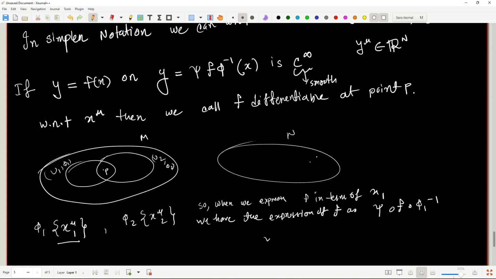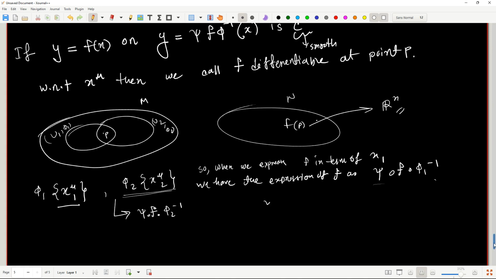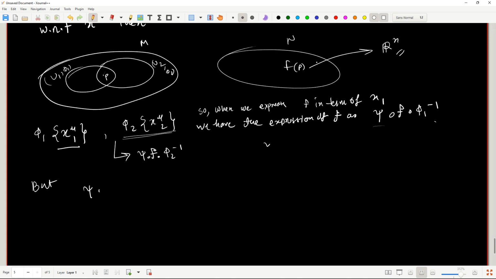Again, what was psi? Psi takes your f of P and maps it to R^n. And if I start with the coordinates x2^mu, that is, I'm taking the homeomorphism to be phi 2, then f is written as psi f phi 2 inverse. But we can write psi f phi 2 inverse as psi f phi 1 inverse composed with phi 1 composed with phi 2 inverse.